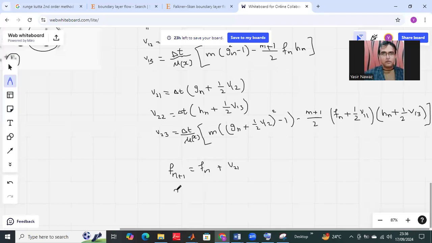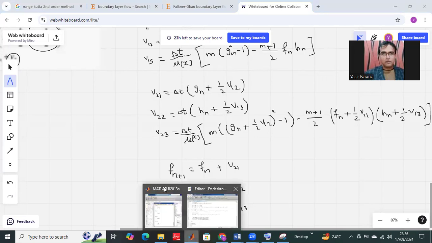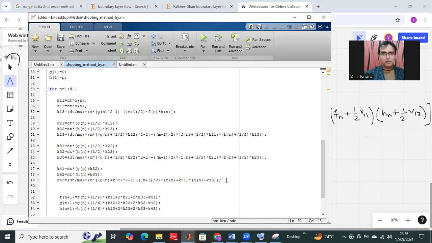And then for Gn plus 1, it would be Gn plus V22. And for Hn plus 1 it is Hn plus V23. So that's Runge-Kutta 4.